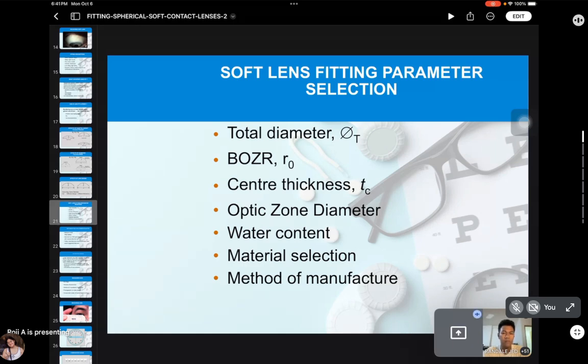The optic zone diameter, where the power is. The water content: the higher the water content, the more permeable it is; the lower the water content, the less permeable it will be. Material selection, of course, such as silicone hydrogel, or even PMMA for RGP. And the method of manufacture.